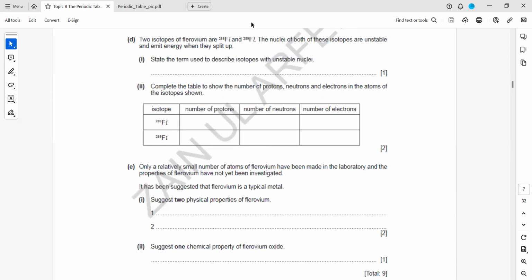State the term used to describe isotopes with unstable nuclei. We call them radioisotopes or radioactive isotopes. That's right. Then this is 286 and this is 289, the nucleon numbers.